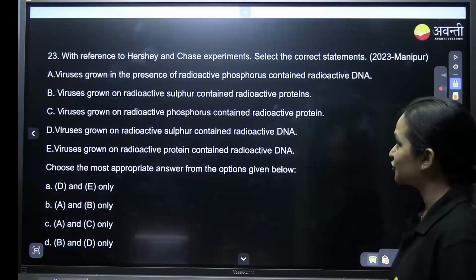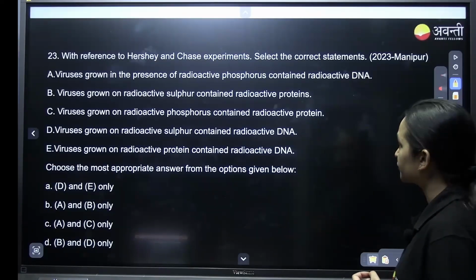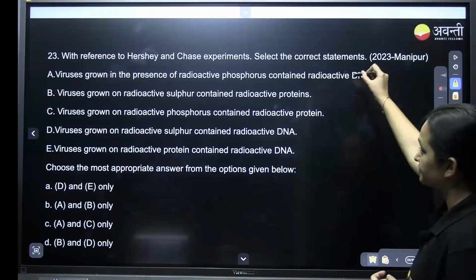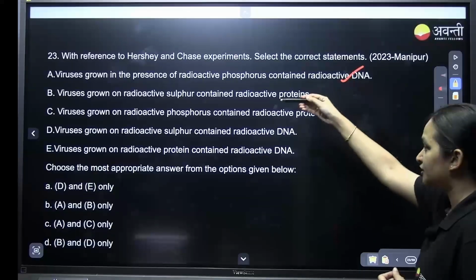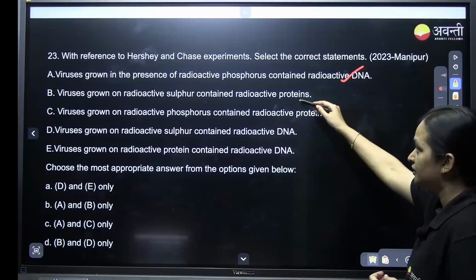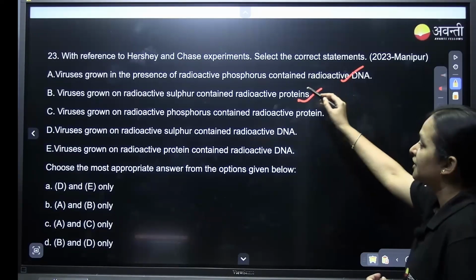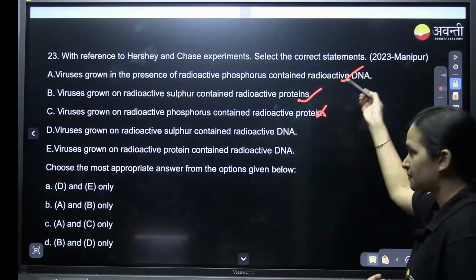With reference to the Hershey and Chase experiment, select. Virus grown in the presence of radioactive phosphorus contain radioactive DNA. Yes. Virus grown on radioactive sulfur contain radioactive protein. Yes. Virus grown on radioactive phosphorus contain radioactive protein.